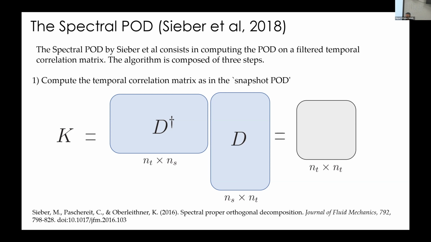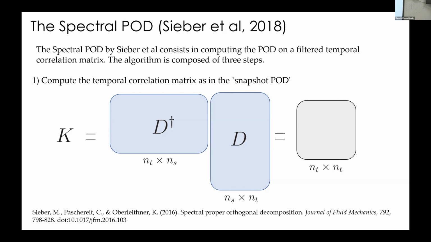First, let's look at the link between what I said about stationarity and what should be your expectation on the matrix K. What did we say about the matrix K? We said that K_ij is the correlation between the snapshot i and the snapshot j.